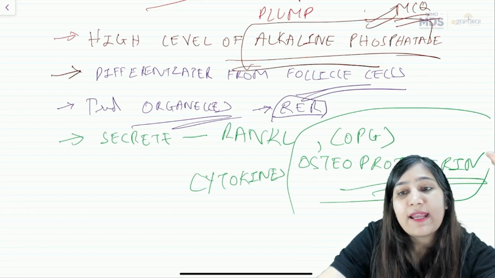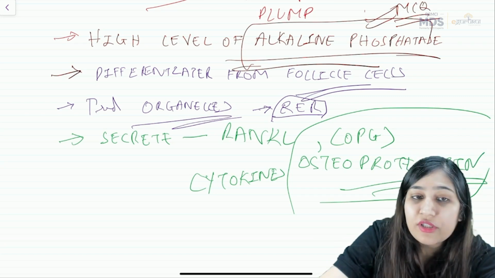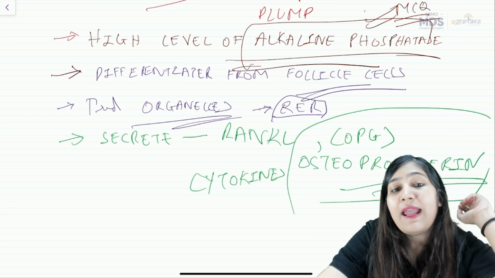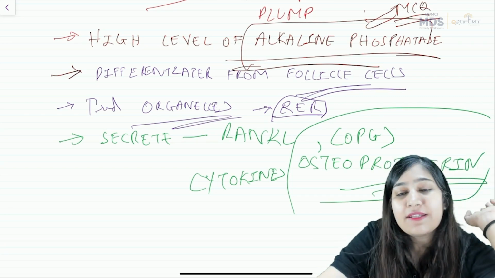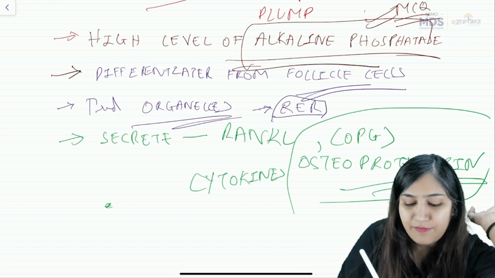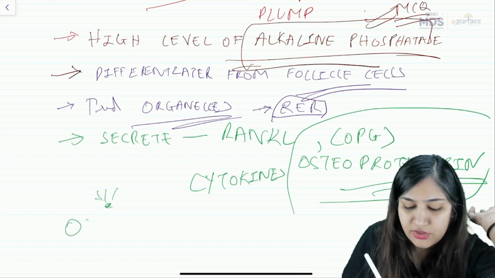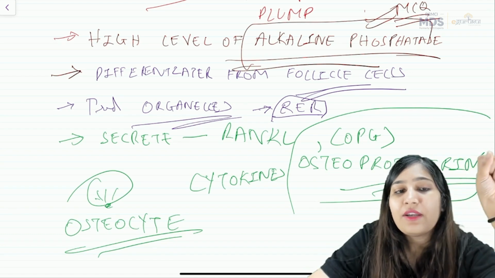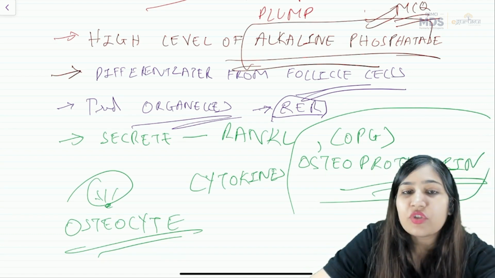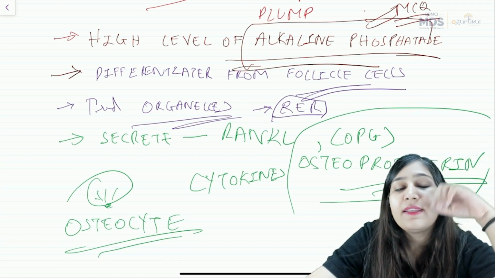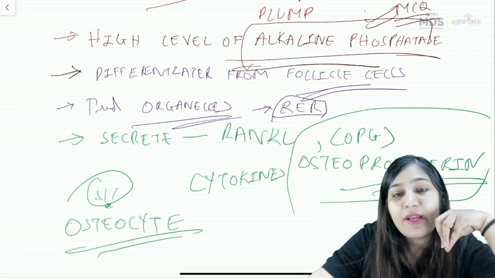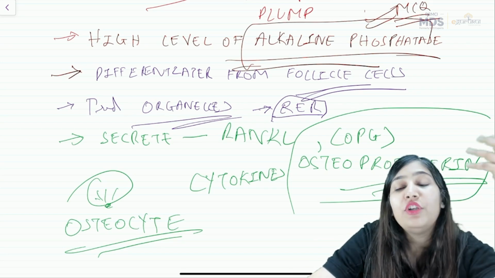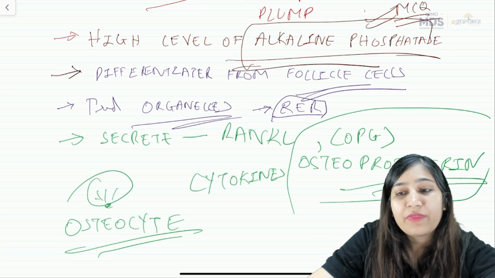Canaliculi of the osteocyte maintain contact with adjacent osteocytes and osteoblasts or bone lining cells with their osteocytic processes. So through these processes, they maintain contact with the adjacent osteocytes and osteoblasts. Canaliculi penetrating the bone matrix permit the diffusion of nutrients, gases and waste products between the osteocyte and the blood vessels.